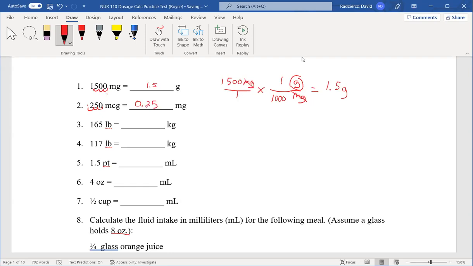Again, I would set that up exactly the same way as I did up here. 250 micrograms over 1 times my conversion factor. So I know I'm trying to get rid of micrograms and I want milligrams. 1 milligram is 1000 micrograms. And so I get 0.25 milligrams.